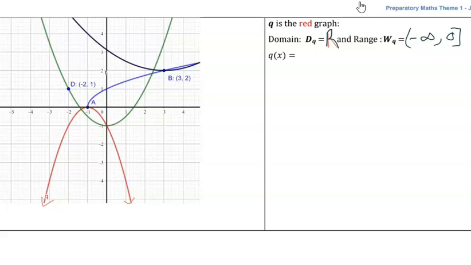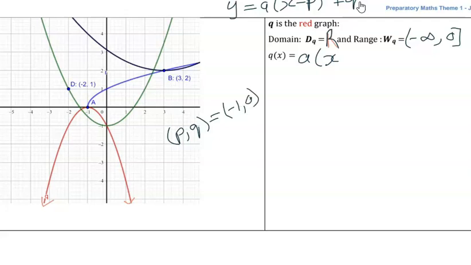We can now again use this formula y equal to a times (x minus p) squared plus q, and I can put it in here. First of all, my p, q here is at a, and that is x is minus 1 and y is 0.